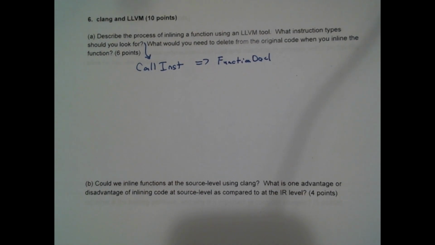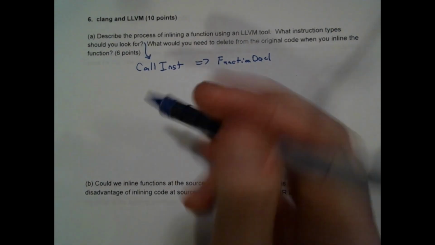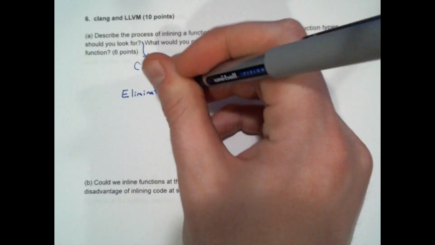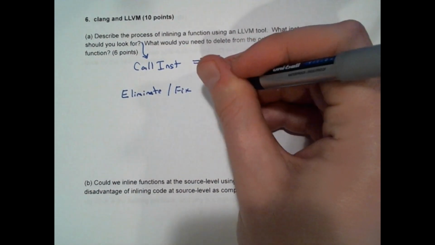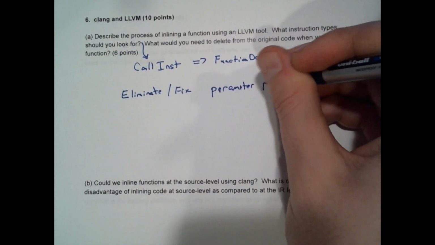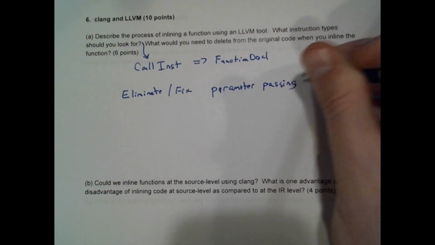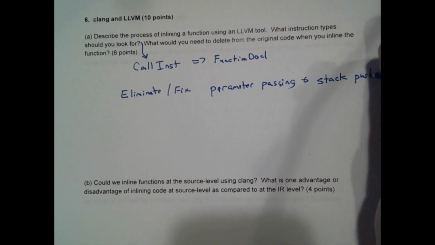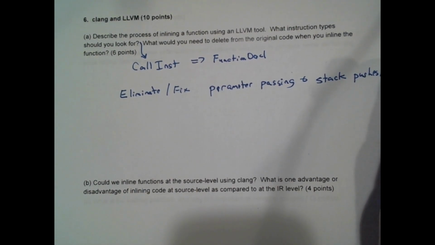What would you need to delete from the original code when you inline the function? Here we need to think about what happens when we call a function as compared to inlining it. We would need to eliminate or fix parameter passing and stack pushes and pops.